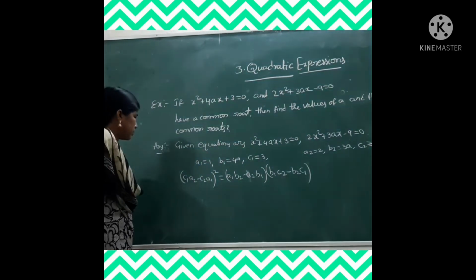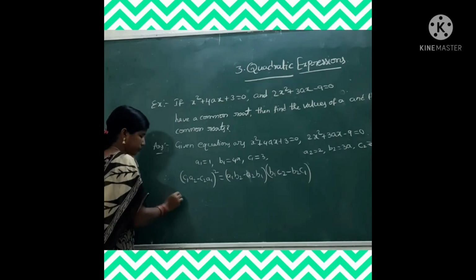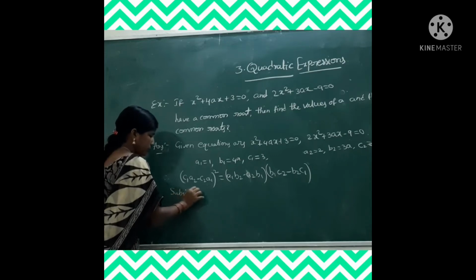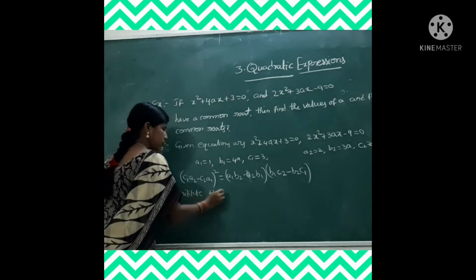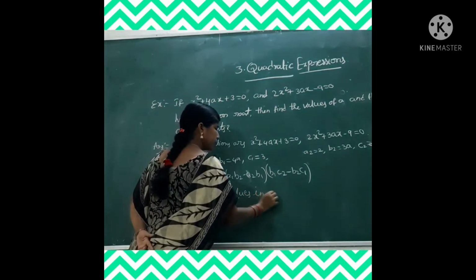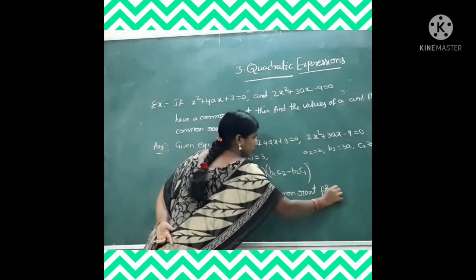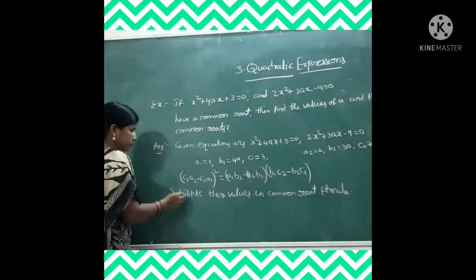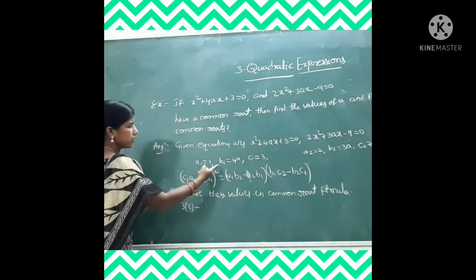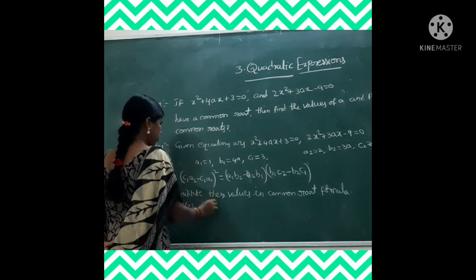Okay, here we already know c1, a2, a1, c2 from the given equations. Now substitute these values in this formula. See here, c1 means 3, a2 means 2, minus c2, c2 means minus 9, and a1 means 1.